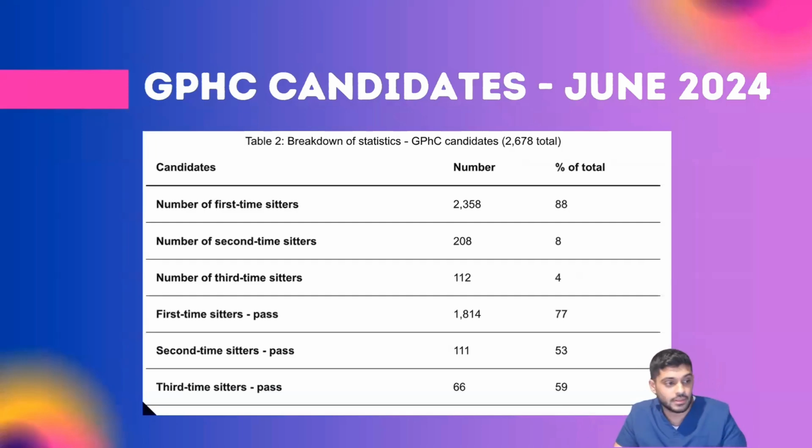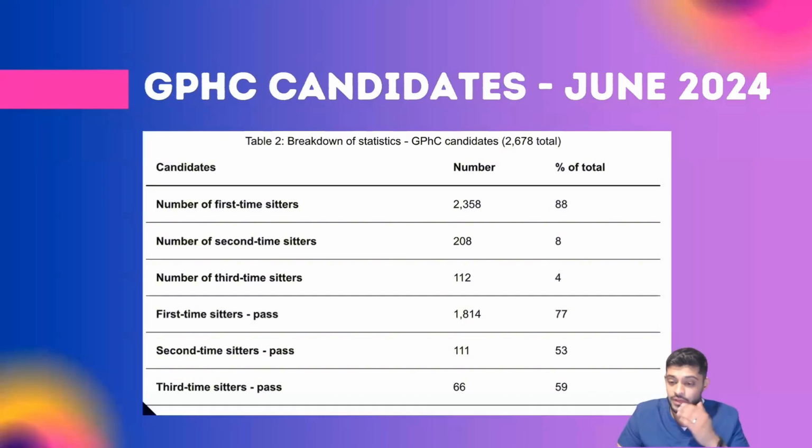Someone said 80%. Privately, anyone else hazard a guess? Yes, 48%. 48% was sitting it for the first time, and 52% was sitting it for a second or third time.